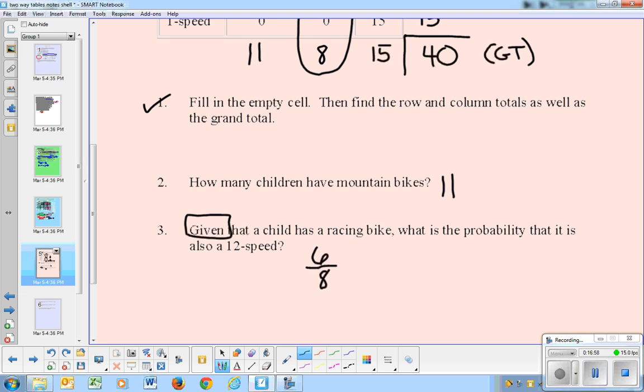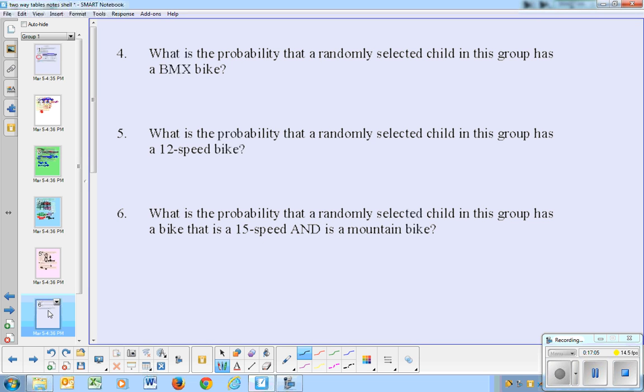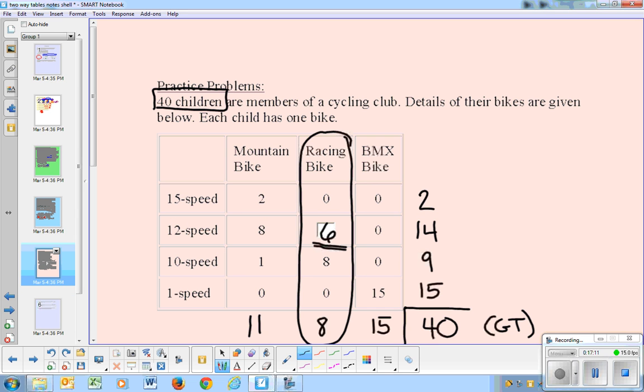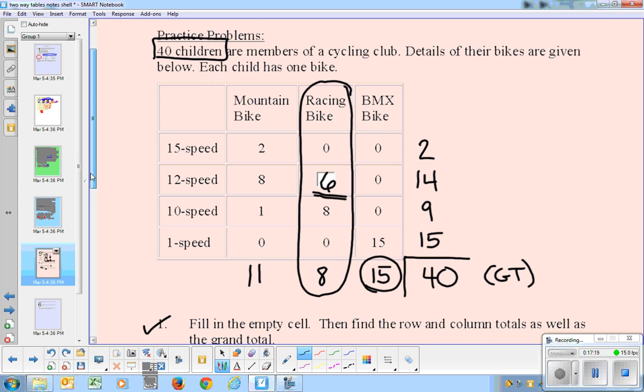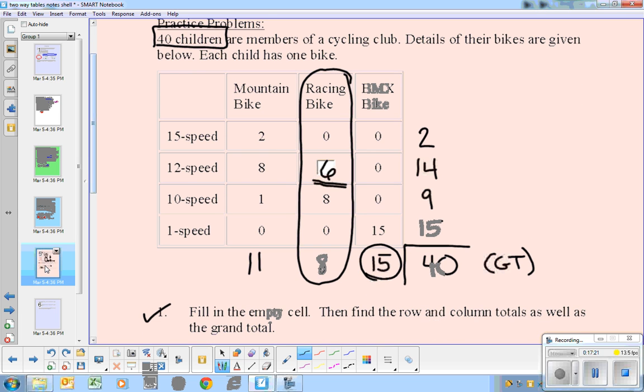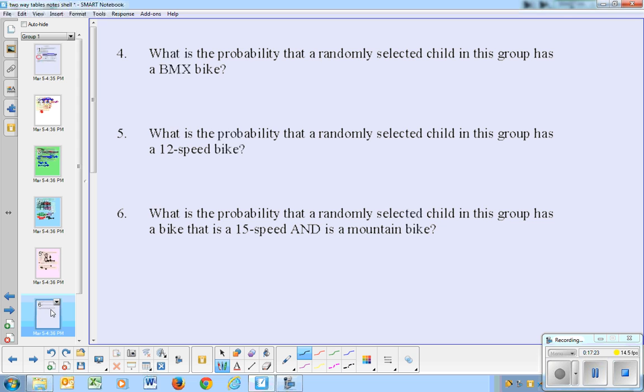Okay, the next one says, what is the probability that a randomly selected child in this group has a BMX bike? The BMX bikes are right here. Notice that the question didn't ask anything about speed, so this is just a marginal probability question. We are going to take that 15 and put it out of the grand total. The next one, what is the probability that a randomly selected child in this group has a 12-speed bike?